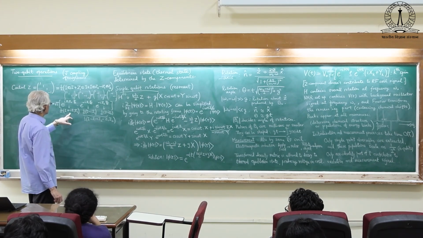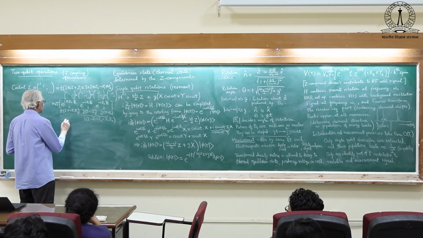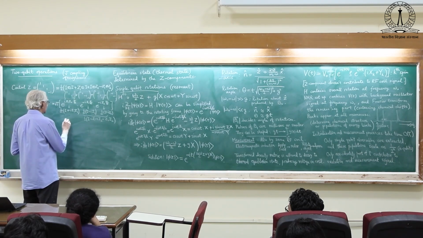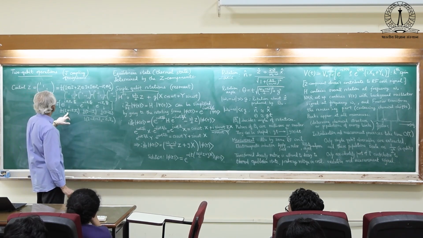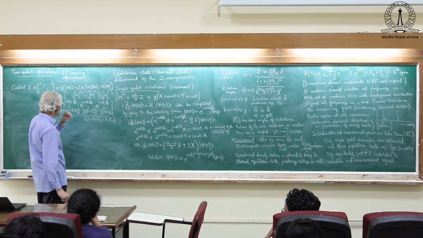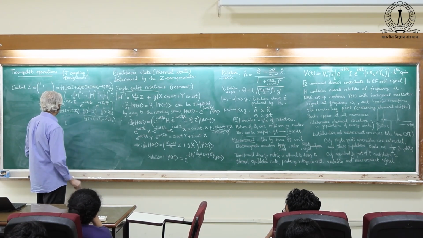Let me see. So there is an I, but the Z1, Z2 is getting a minus I times it.